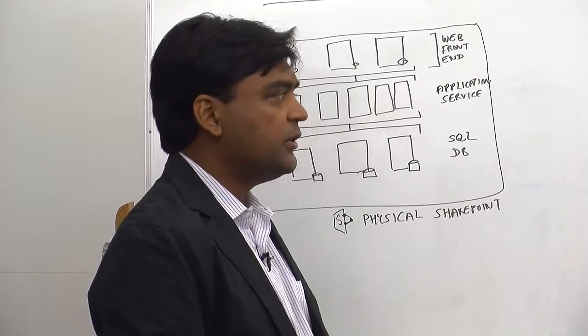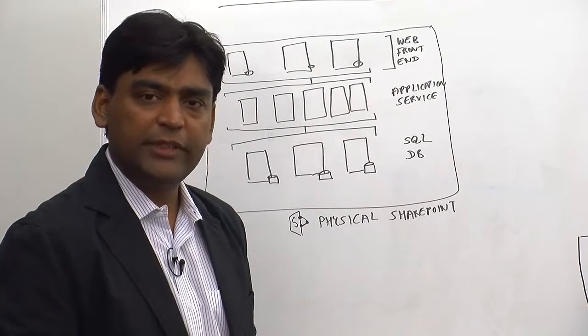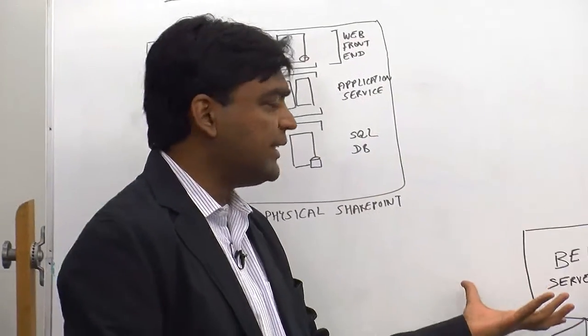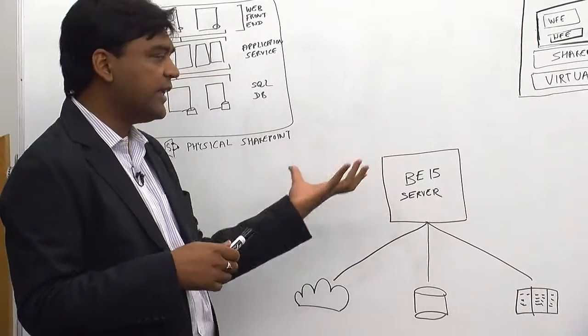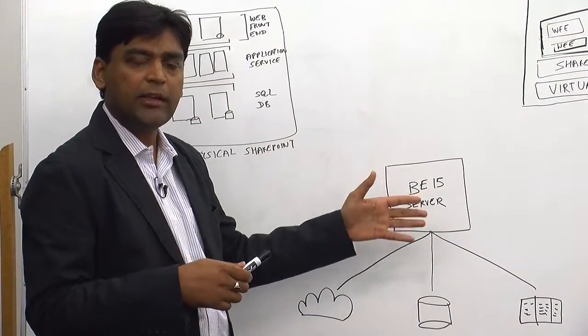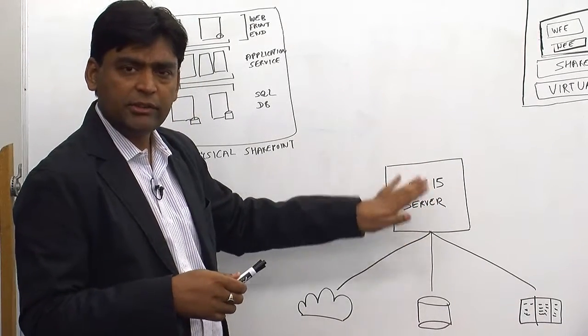There are a few components which are required for the entire gamut of protection by Backup Exec. The first component is the Backup Exec server itself. This is the backup brain behind the entire thing. It owns the entire backup process. Here you can make the SharePoint backup selections and the restore selections.